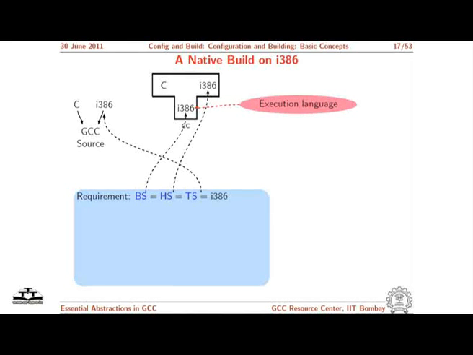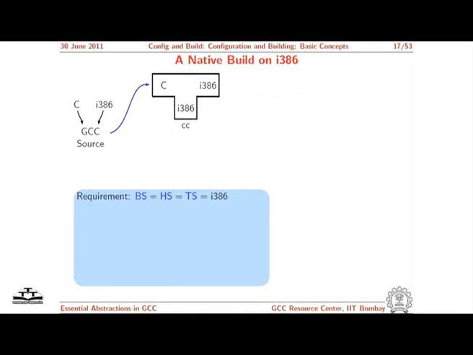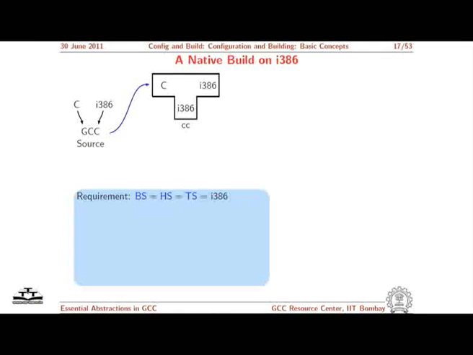So this is a C compiler. I have GCC source, which is nothing but a C program. So this compiler can compile GCC source. So I feed GCC source to this compiler. And this compiler is going to create an executable. For any C program, it is going to give me an executable. However, because the input to this C program is the specification of a compiler, output will be a compiled version of the compiler.